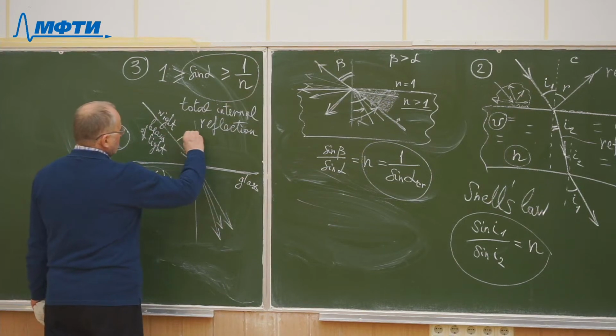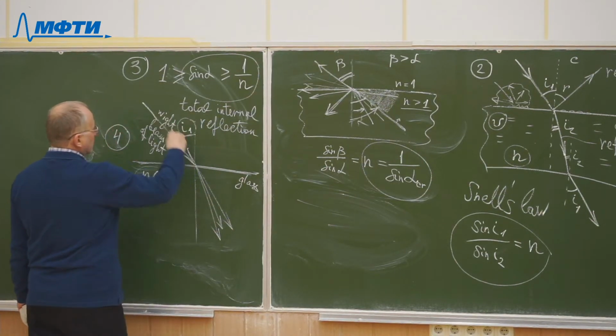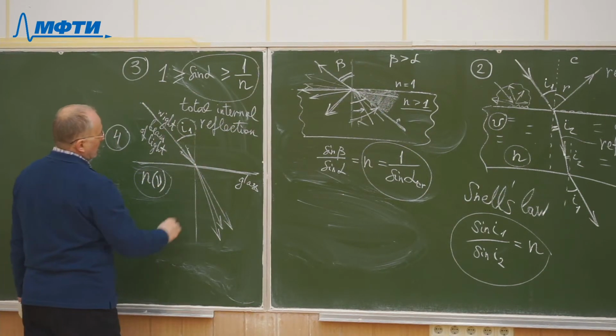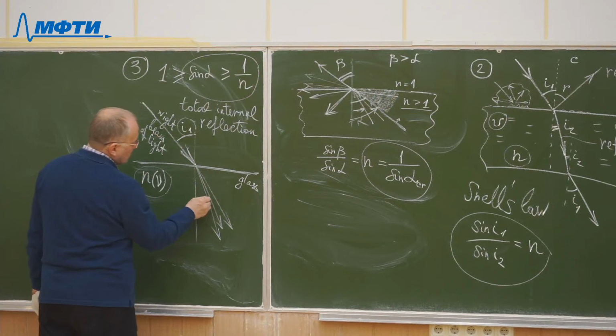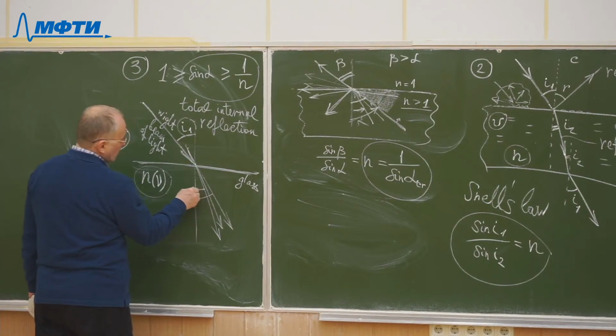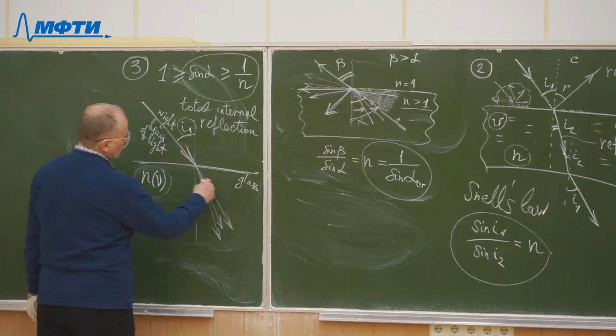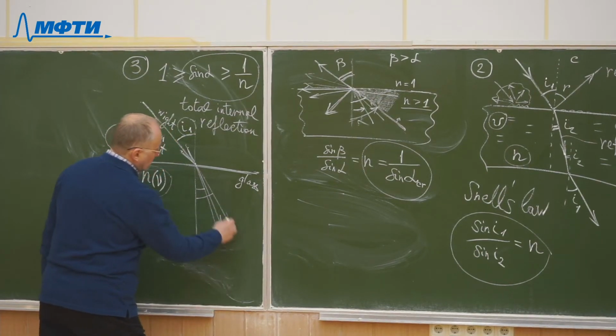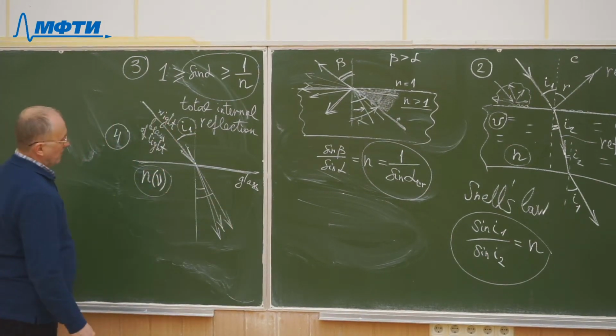So the angle of incidence is the same for all frequencies. We have a beam of white light. But different frequencies will have different angles of refraction. Some will have this angle of refraction, others will have this angle of refraction. And it means that at different directions here, we will have different frequencies of light.